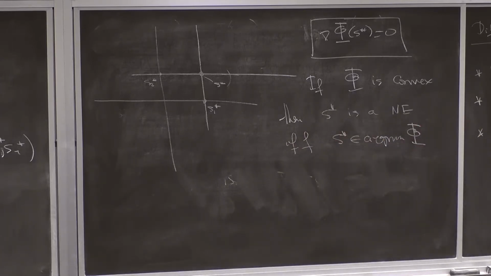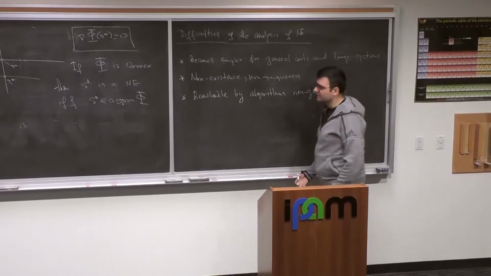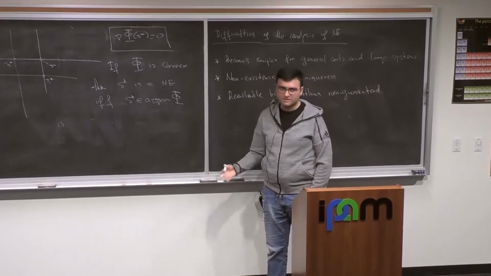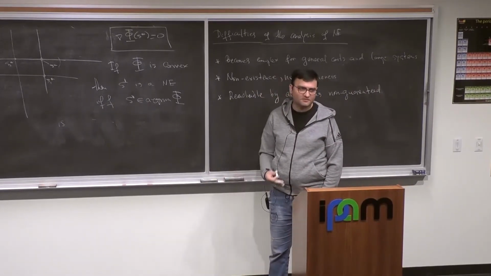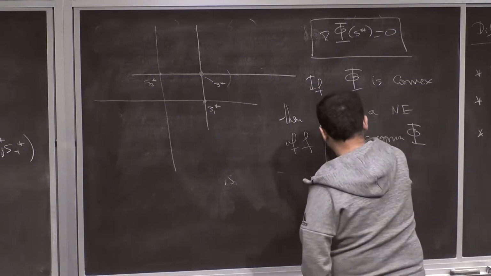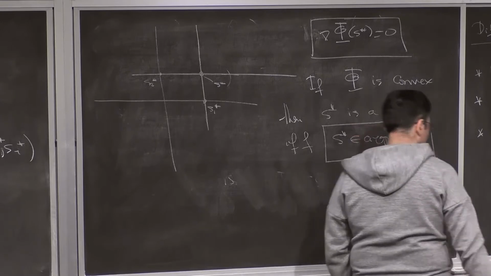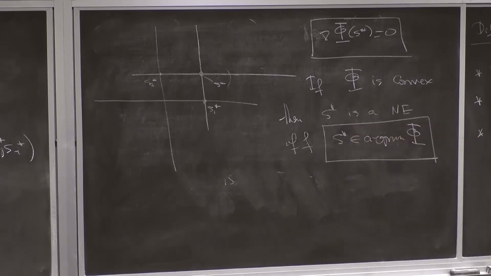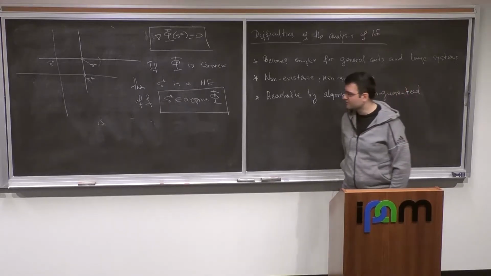So if a game has a convex potential, then finding a Nash equilibrium is just finding the minimum of the potential. This is a way better problem. And there are tons of very good optimization methods to solve convex problems, and most of the time they're global methods, right? You start from anywhere, you go, you solve it.